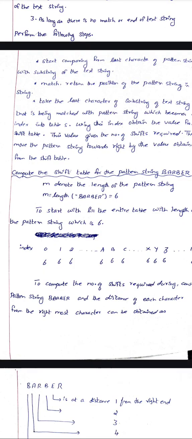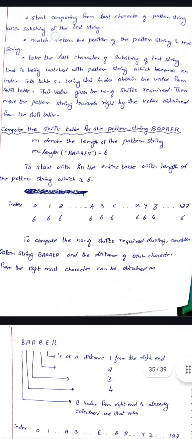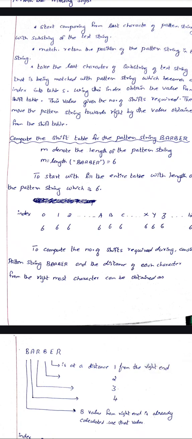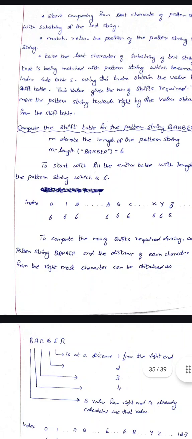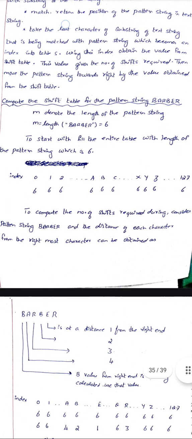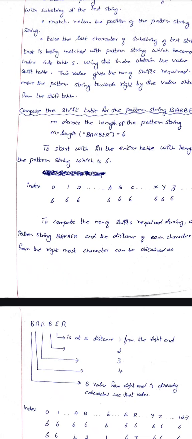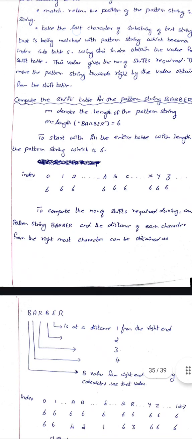Otherwise, take the last character of the substring of the text string that is being matched with the pattern string, which becomes an index into table S. Using this index, obtain the value from the shift table. This value gives the number of shifts required.